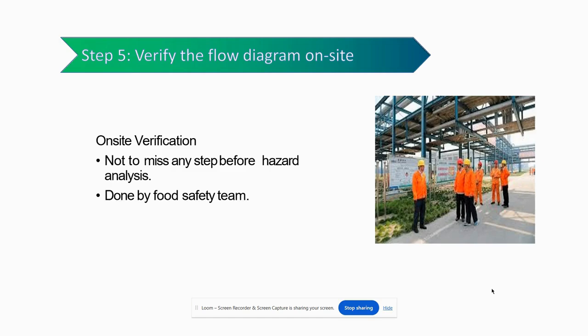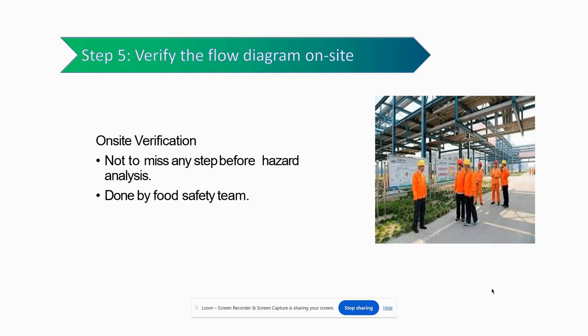After verification and discussion, if there are any variations, or any addition or deletion of any processing step which needs to be done, they again need to ensure the process flow is exactly what is happening in the manufacturing unit. As I told, if they are using different production lines for different products, they have to establish a different flow diagram for each production line.